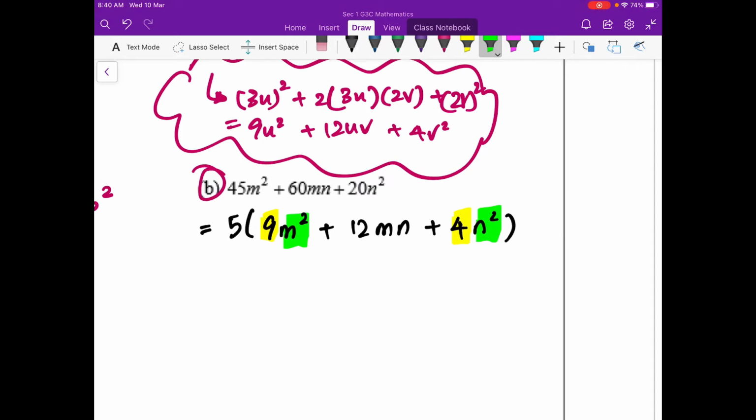So let's check. If I were to square root 9m squared, I get 3m. If I were to square root 4n squared, I get 2n. So what is 2 times 3m? That's 6m. Then 6m times 2n, that is 12mn. Oh, it's the same. Then you should be happy. Okay, I can use my formula now.